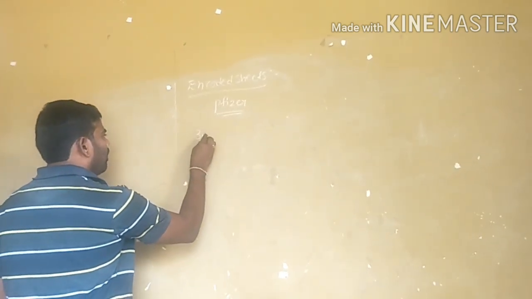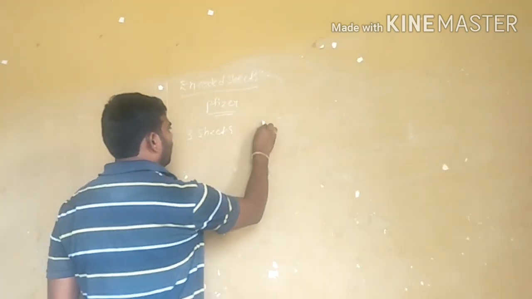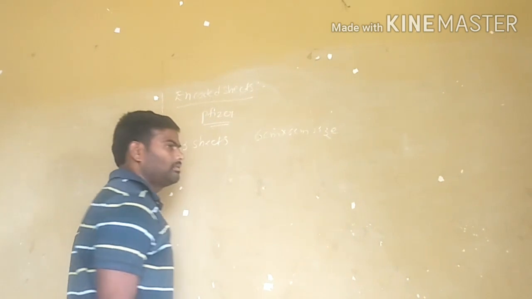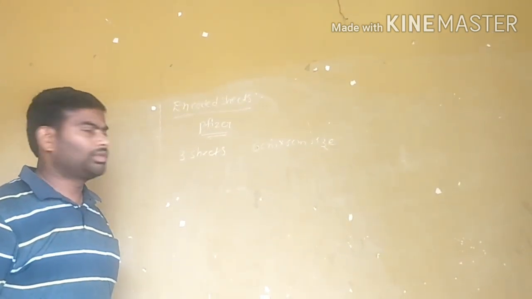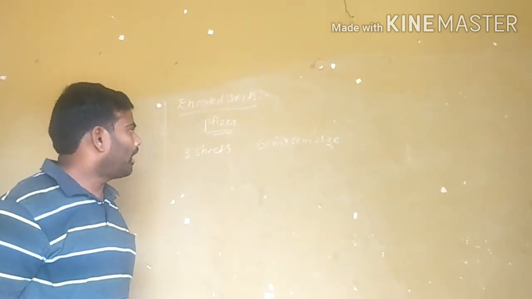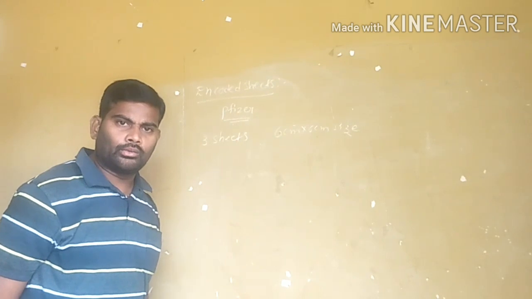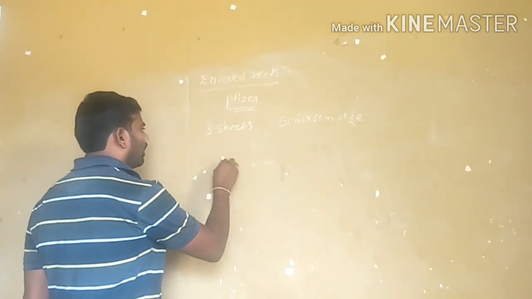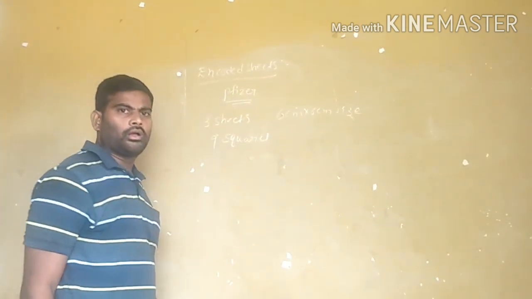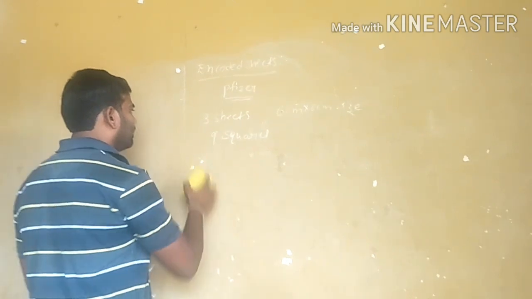Three sheets we are taking, of a 6 into 6 centimeter size, and these three sheets are converting into 9 squares, and each square is coded with a 3-letter word like this.